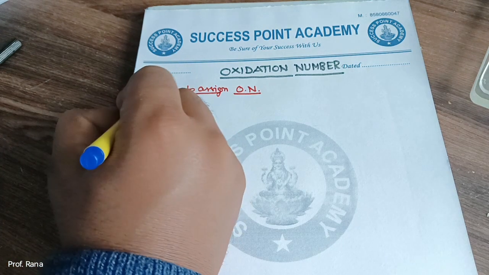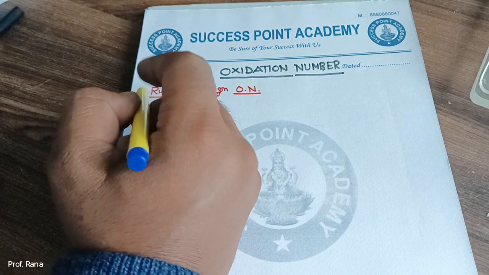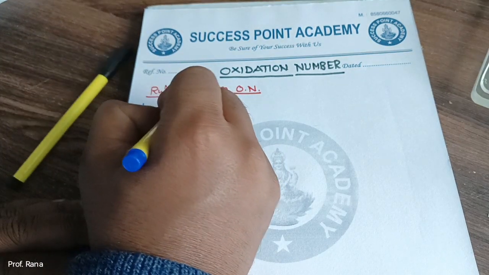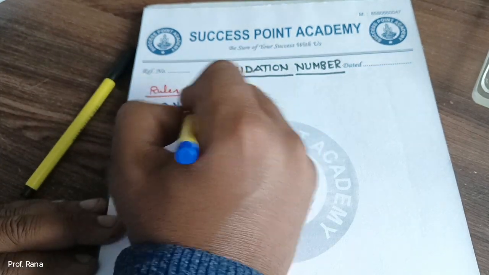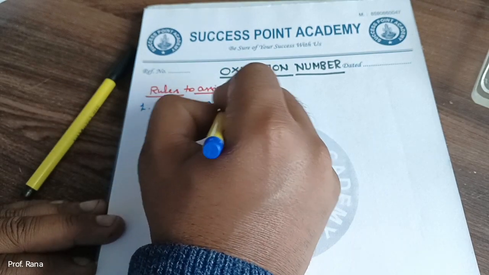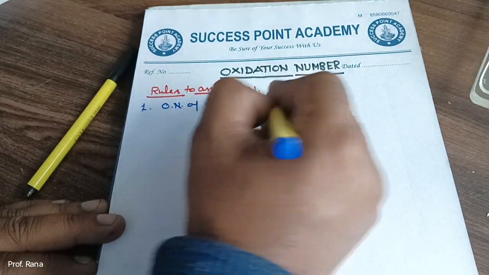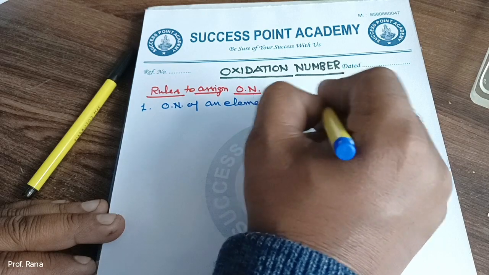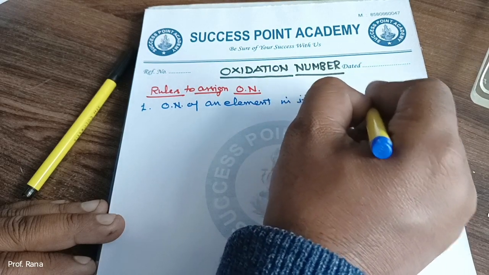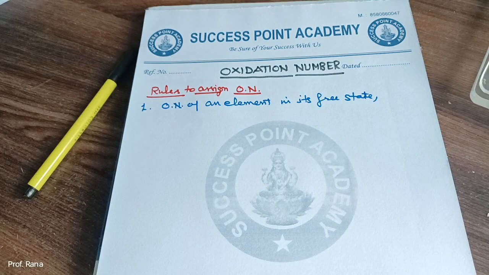Number one is the oxidation number of an element in its free state. Free state is a state in which the element exists in nature.